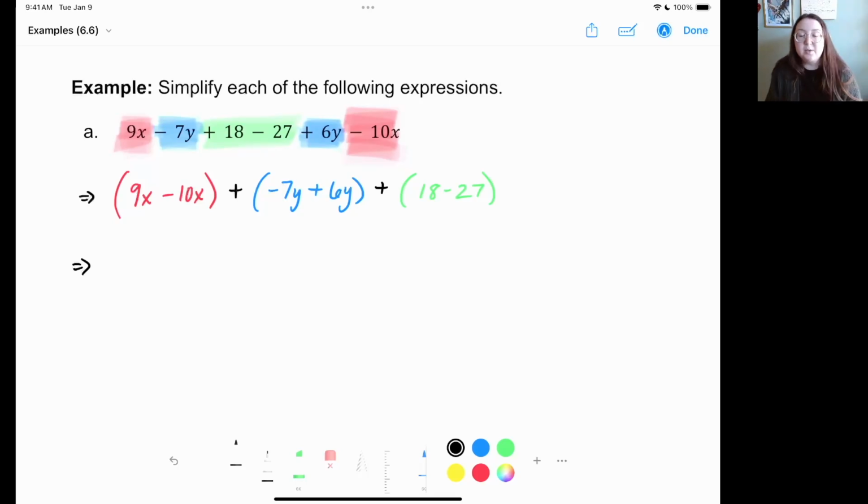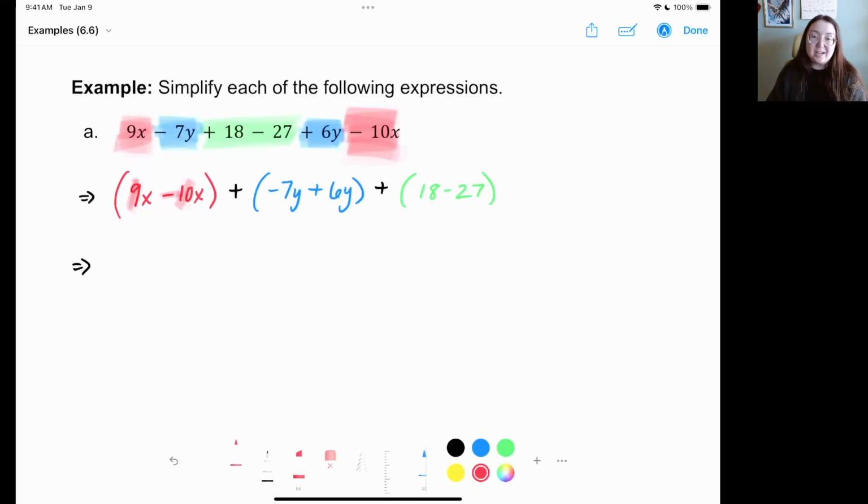Now what we're going to do is simplify each of our groups. They are like terms. We can now add or subtract them together. So that's what we're going to do. So we have our coefficients, and remember when we combine our like terms, we're really paying attention to our coefficients here. So we have 9 minus 10, and they both have x on it.